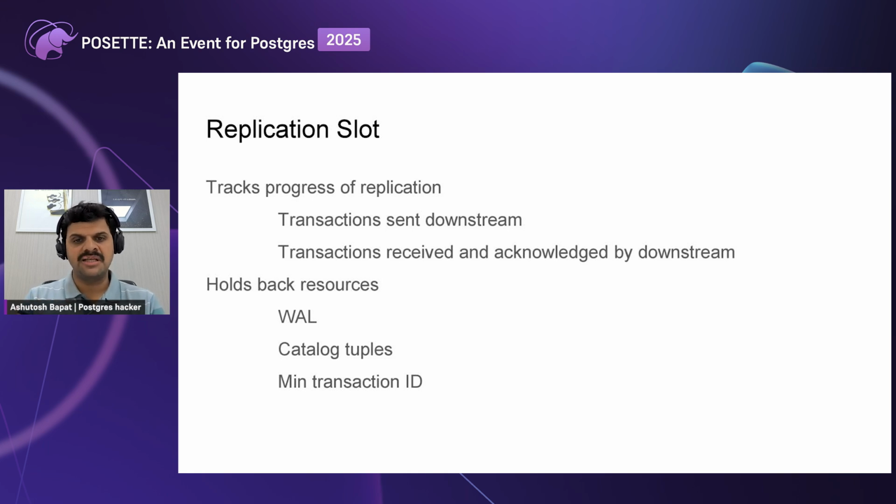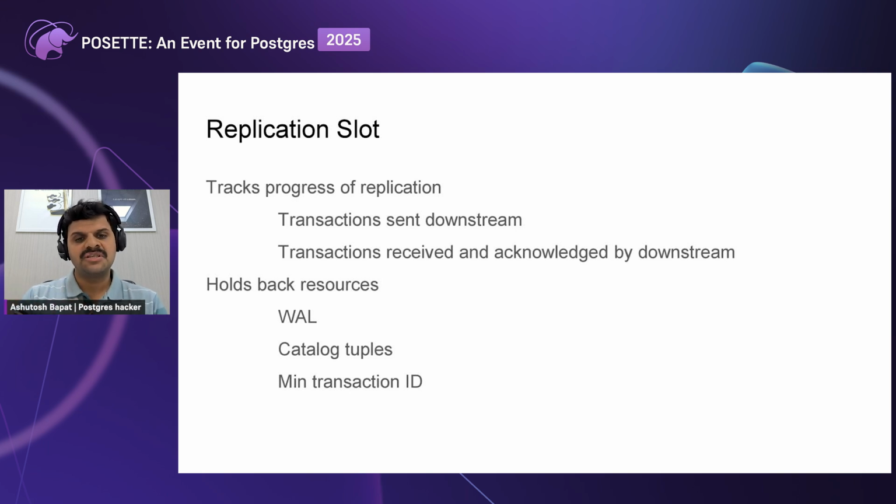Those are the ones that are interpreted and sent downstream. Then catalog tuples, because in order to interpret the WAL, we need to know under what context, under what snapshot we need to interpret that log record. What is the schema of the table being changed when that WAL was written, and all that information is there in the catalog tuples that were present at that time.